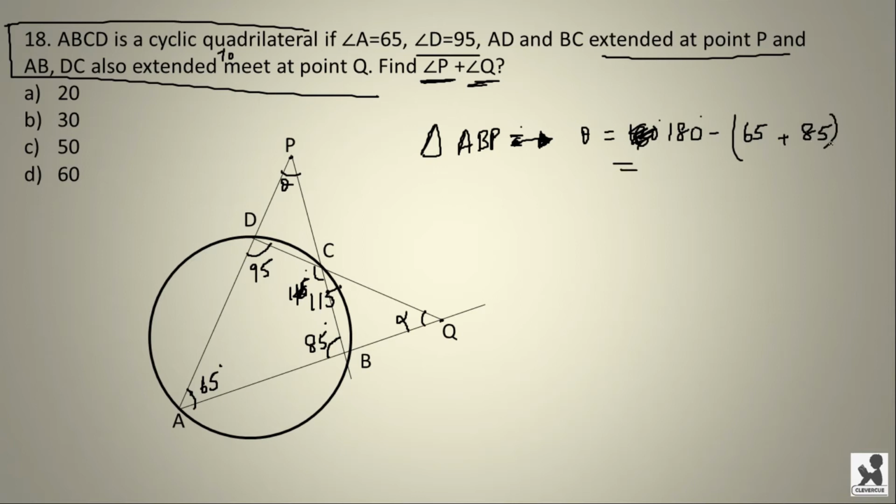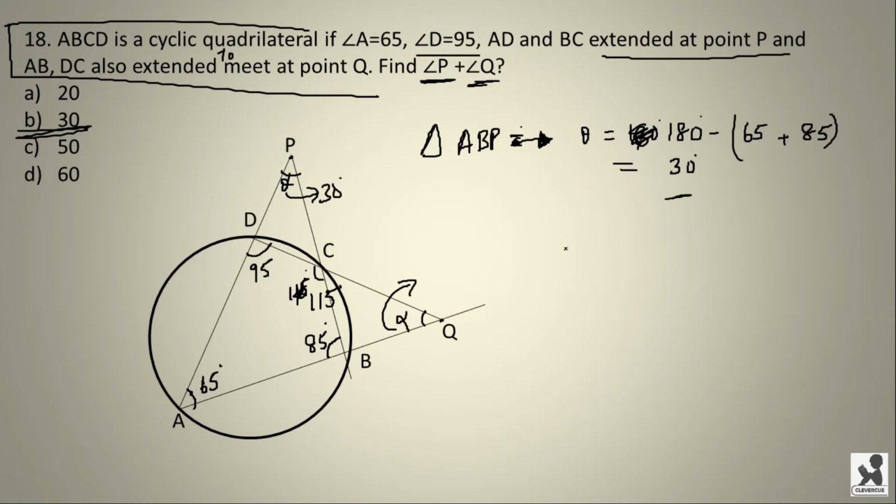So 65 plus 85 is 150, and we get theta as 30 degrees. This is the value of theta, 30 degrees. And now we have to find the angle alpha.